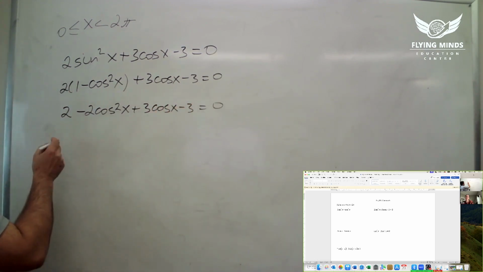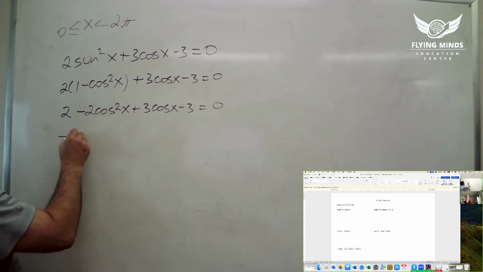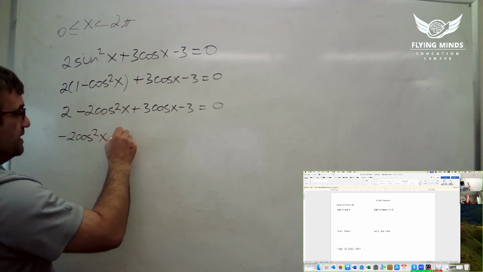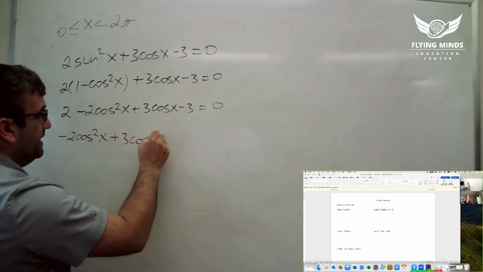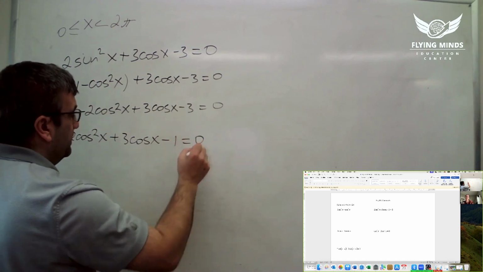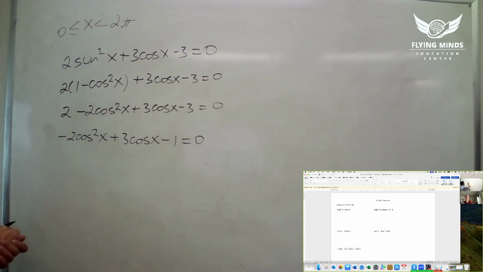Then we combine like terms, so it will be negative 2 cosine squared x plus 3 cosine x, 2 minus 3 minus 1, equals to 0.